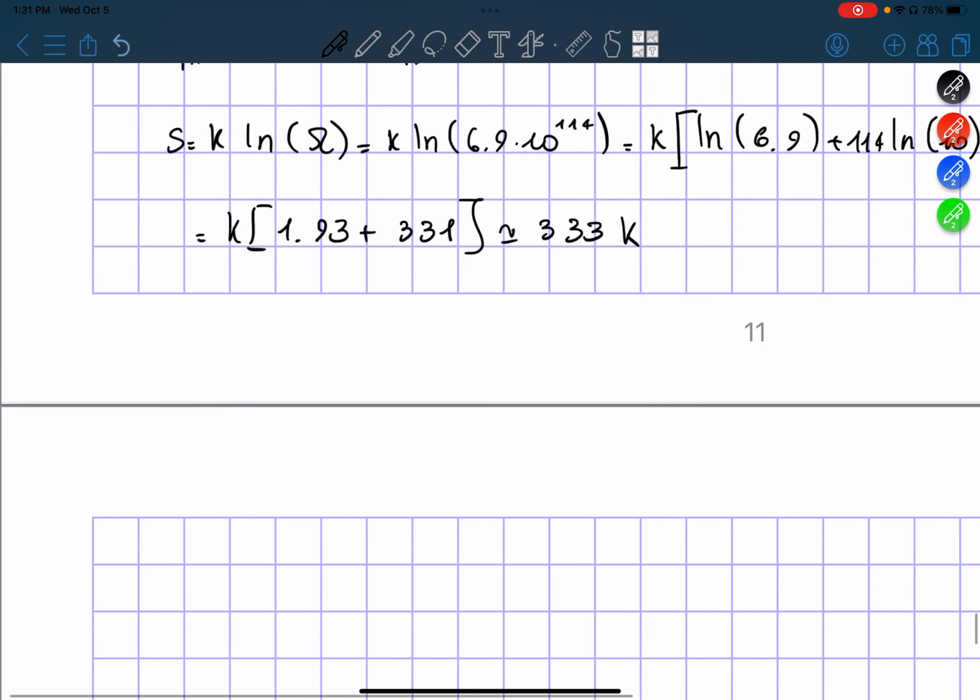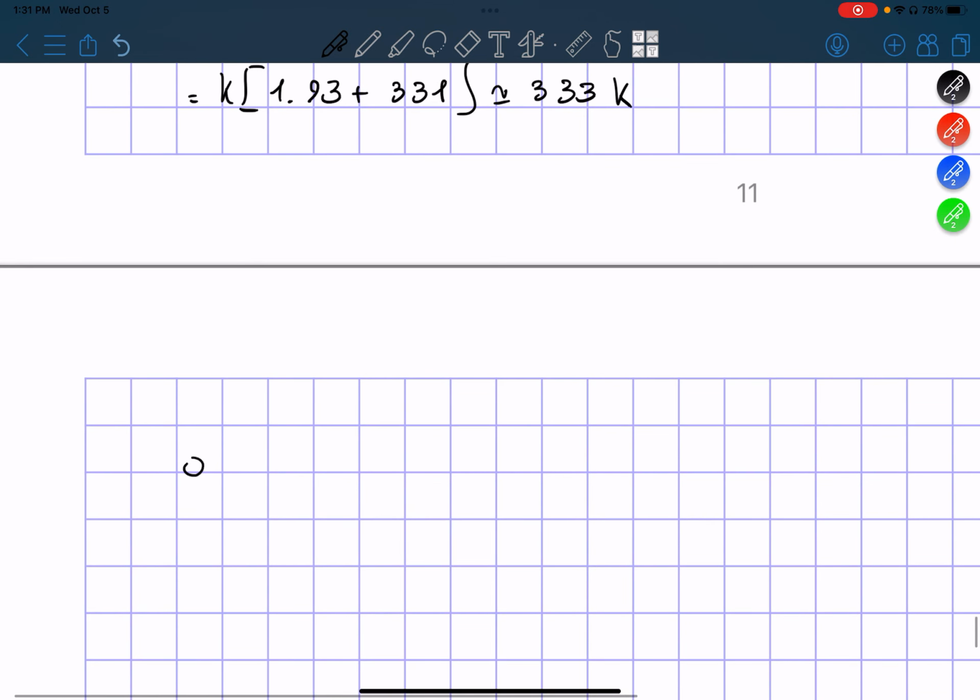Instead, for the least likely macrostate, which is where QA is equal to 0, our total number of macrostates is equal to 2.8 times 10 to the power of 81.